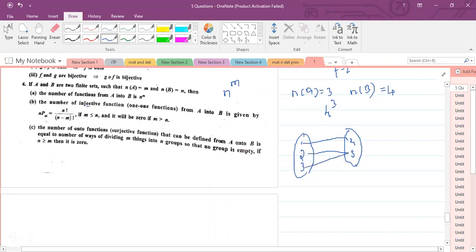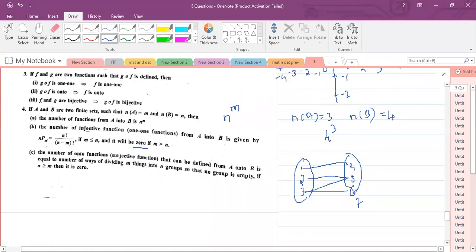When it associates with 5 or 4, it will definitely not be a one-one function. Therefore, if m is greater than n, then the number of one-one functions is 0. Otherwise, if B has 4, 5, 6, 7, then 3 can go to 6, and we can choose in nPm different ways.